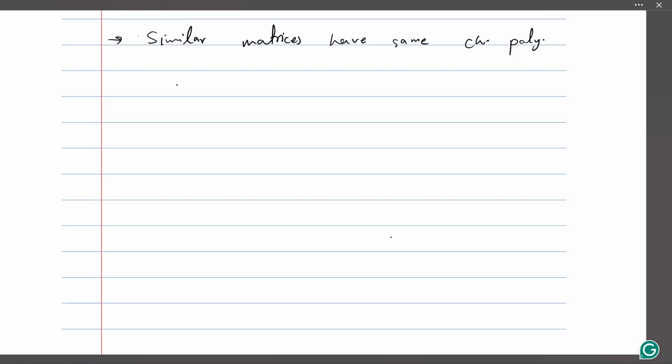There was this question which was interesting, that if T is from V to V, defined like this. First of all, let me define what V is here.